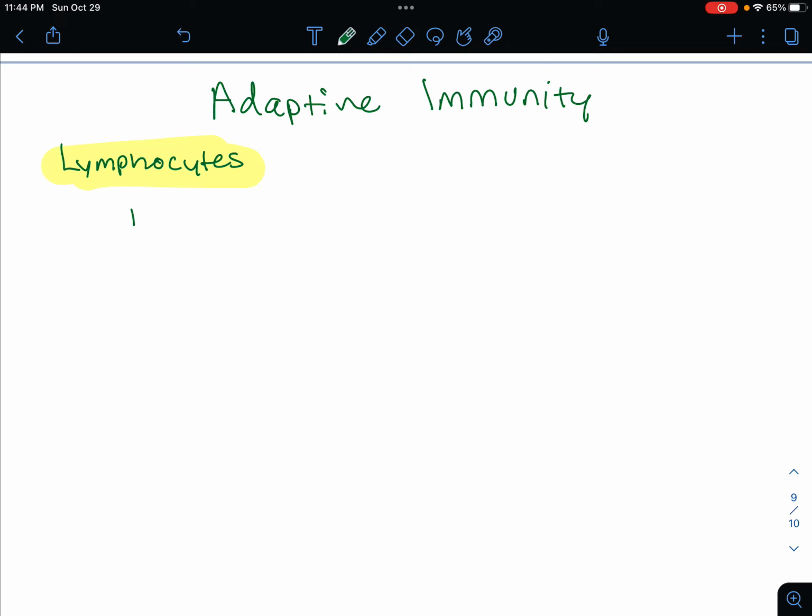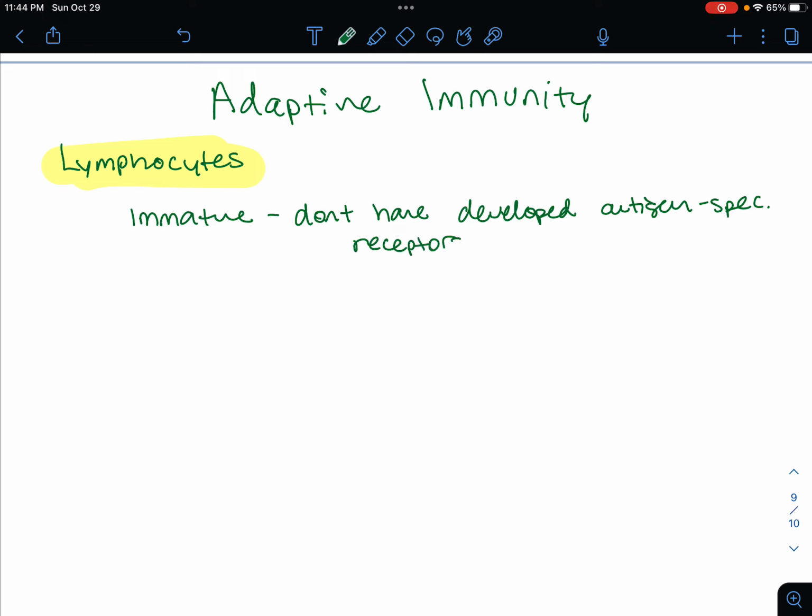We're going to have immature lymphocytes, and these do not have the fully developed antigen-specific receptors. Keyword there is don't. This is different to the naive lymphocyte.